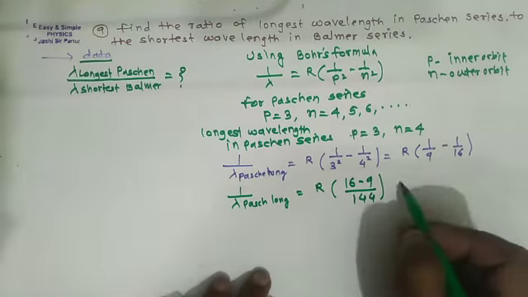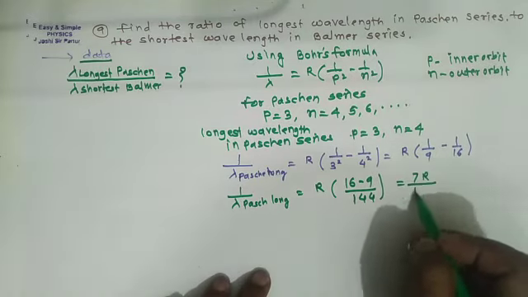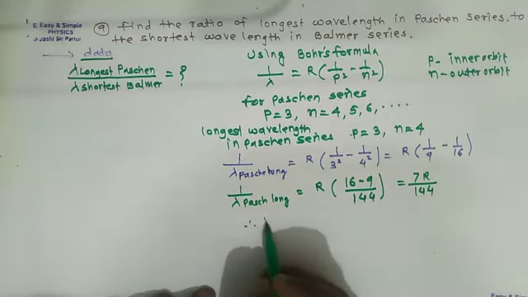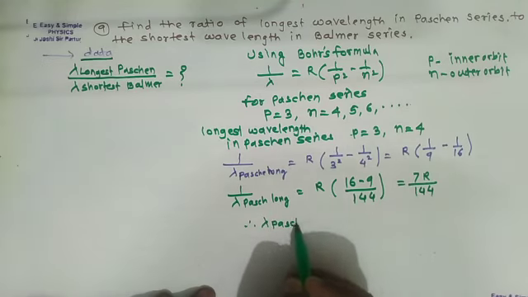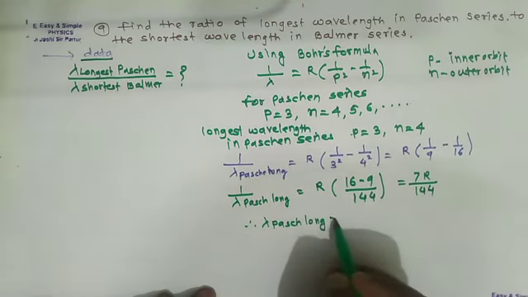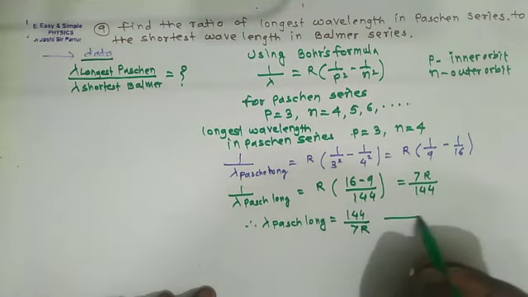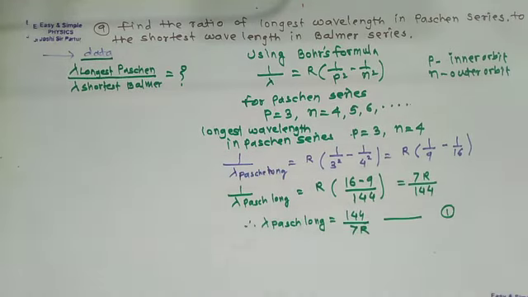So it is 7R divided by 144. If we take the reciprocal, therefore lambda Paschen longest is equal to 144 upon 7R. Equation number 1.